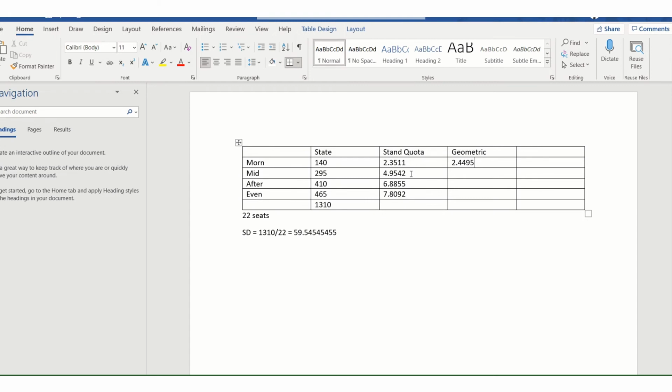And that is 4.4721. And then I want to take here the square root of 6 times 7, so the square root of 42. And that is 6.4807. And then finally the square root of 7 times 8, square root of 56. And that is going to be 7.4833.